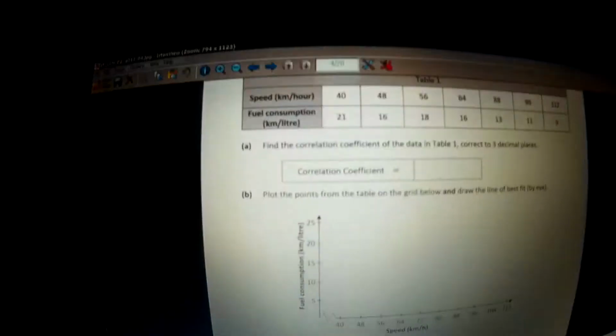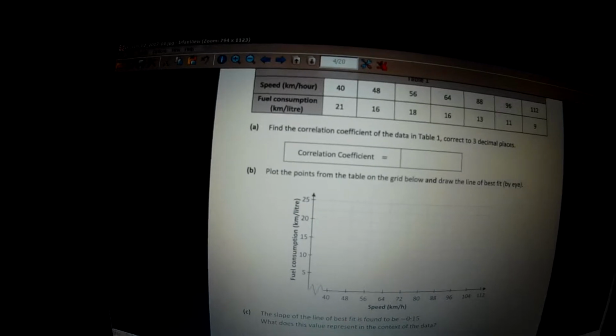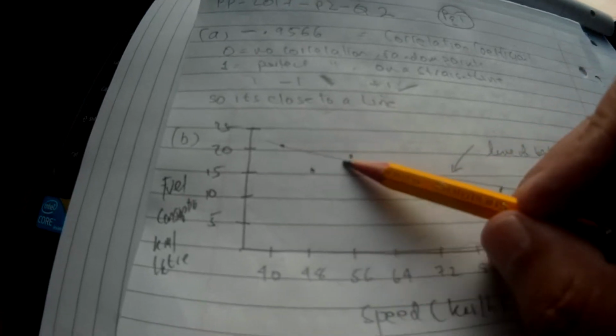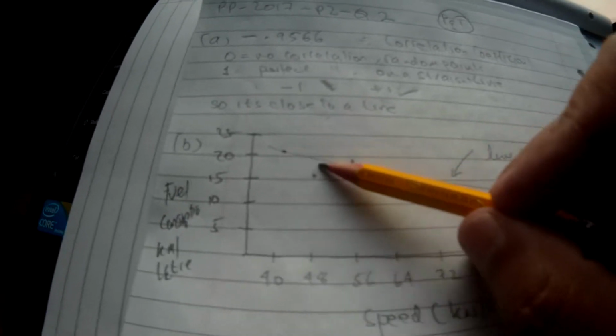Then it says, plot the points from the table on the grid below and draw the line of best fit by eye. So I plotted all the points there, 40, etc., all the way along, and then I drew the line of best fit. Basically you're trying to get a straight line to go through as many of the points as possible.